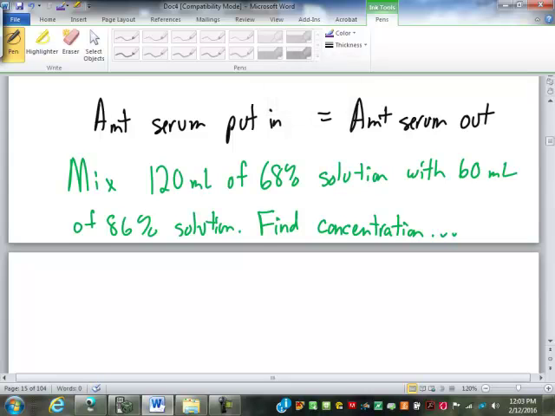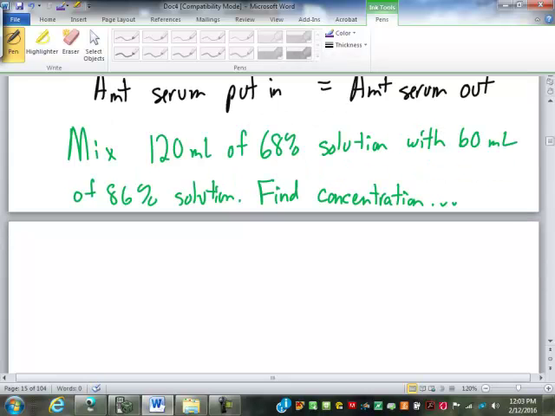So here what we have is 2 amounts of solution. And basically, we're looking at the amount of the serum, really. Amount A plus amount B has to equal that total amount of serum.